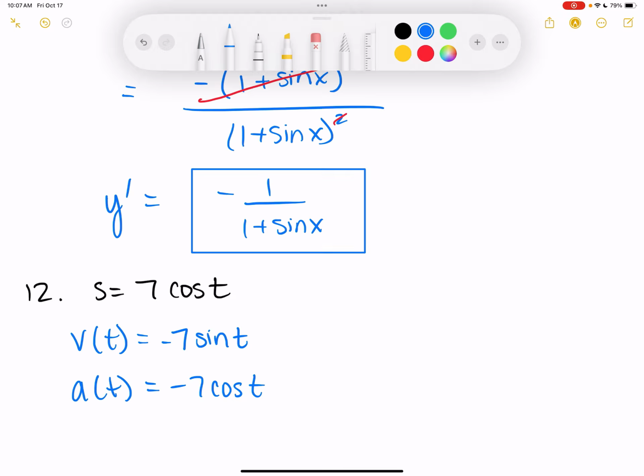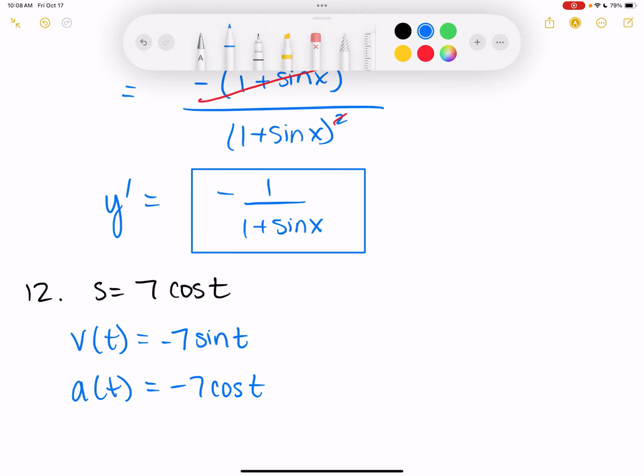So same kind of deal here with the next problem, just having us do a little bit more with it. It says a body is moving in simple harmonic motion with position function s equals f of t. Find the body's speed or velocity, speed, and acceleration at time t. And then for part B, we're actually given a t value to plug in and solve.